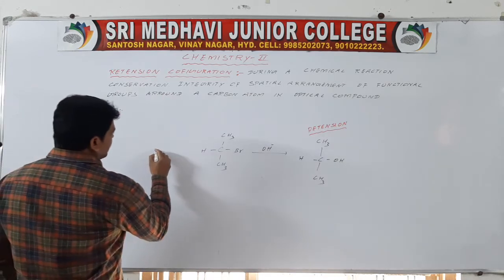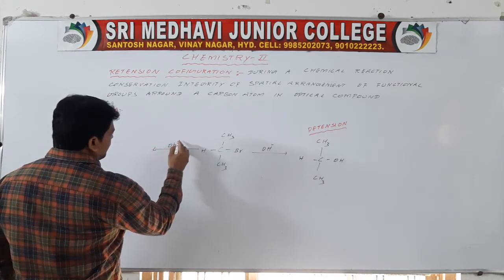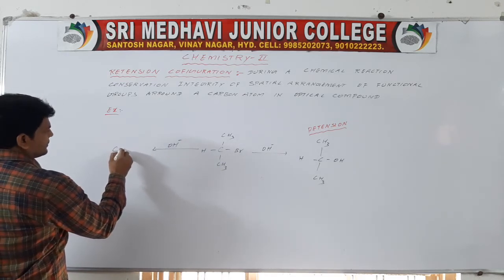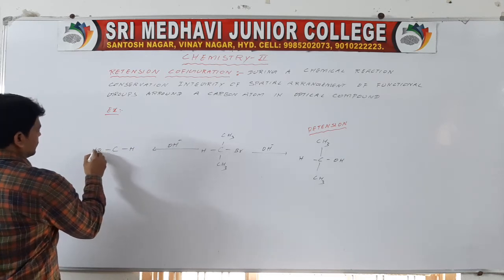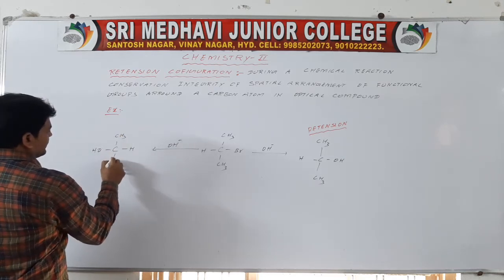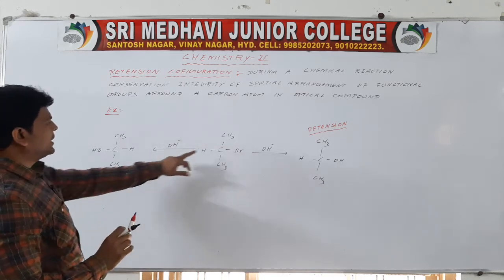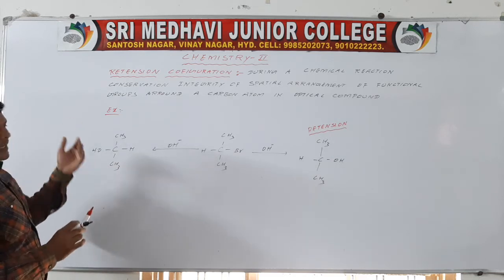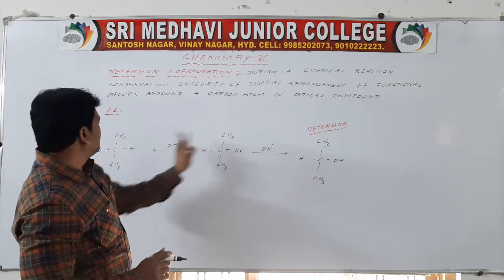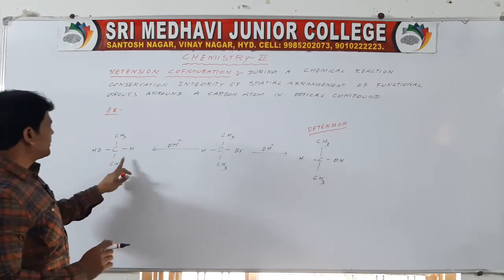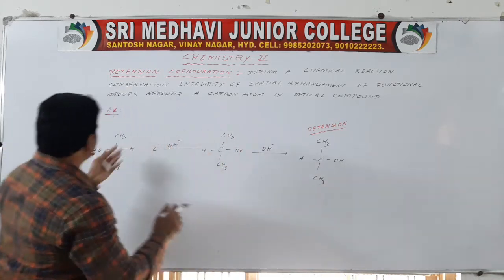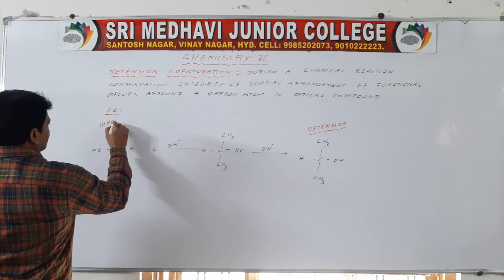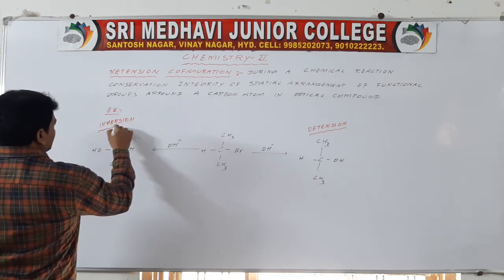If you add the same OH minus to this: C, H, OH, CH3 and CH3. Here the Br minus position is here, but OH minus forms on the other side. The formation of the molecule is opposite to this, so it is an inversion.